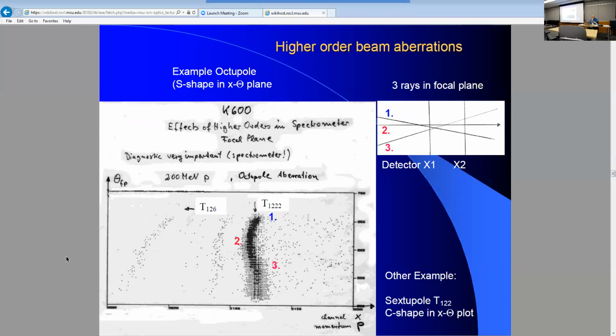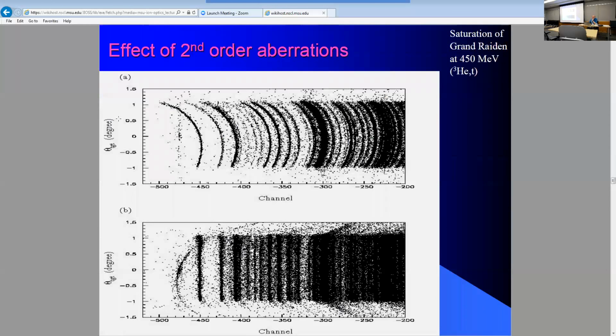This here is the Grand Raiden spectrometer. The Grand Raiden spectrometer goes into saturation at 450 MeV helium-3, shown here. You do have a strong C-shape in the X-theta plots, which means you have here a hexapole.